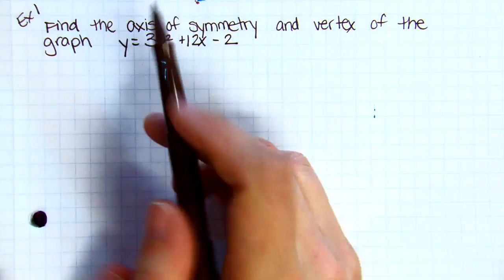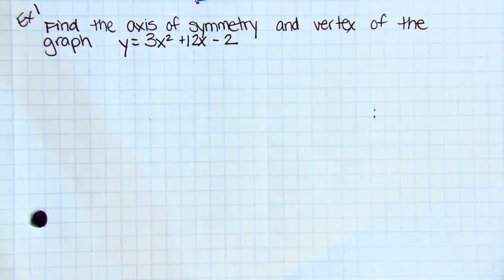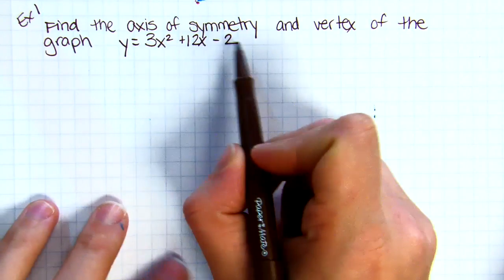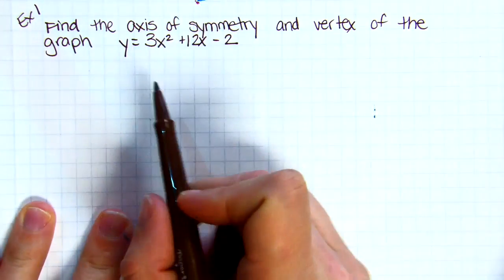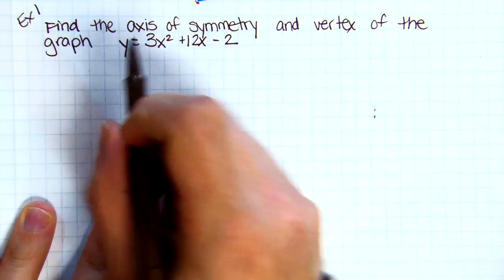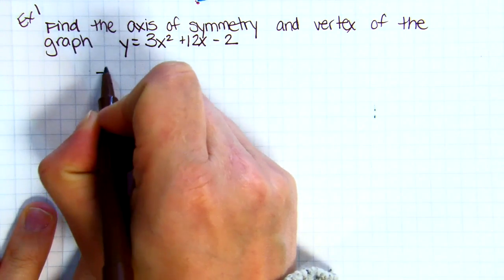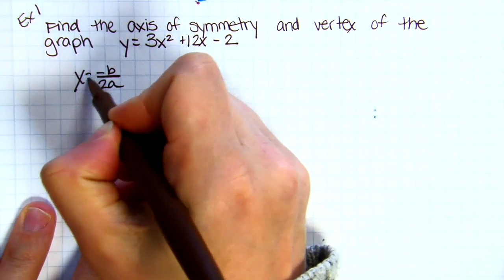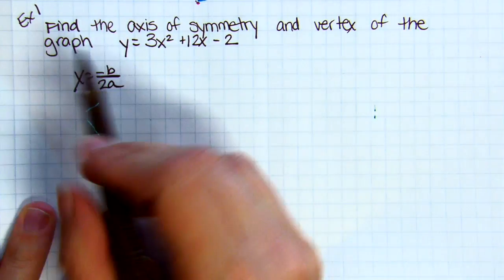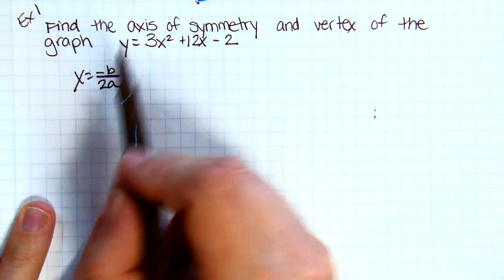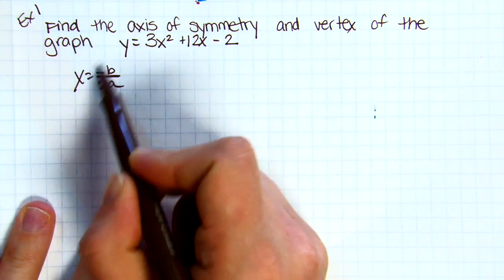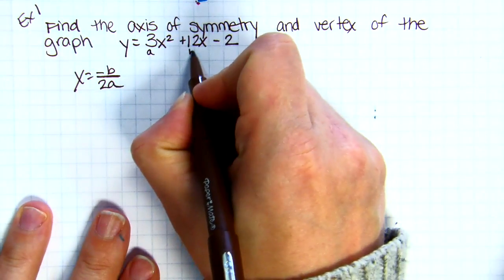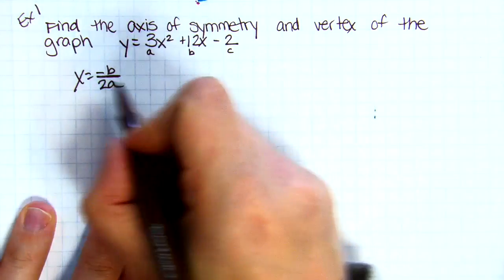With our first example, we want to find the axis of symmetry and vertex of the graph y equals 3x squared plus 12x minus 2. So remember, to find the axis of symmetry, we need to use this, negative b over 2a. So x equals that, that's a line, which is the axis of symmetry, and then our x-coordinate of the vertex is going to be just that negative b over 2a. So this is a, this is b, and that's c.